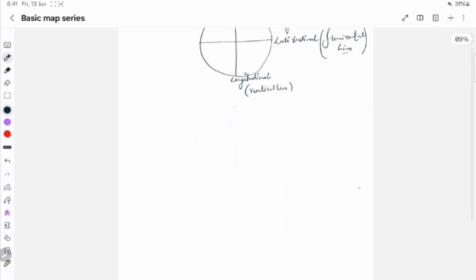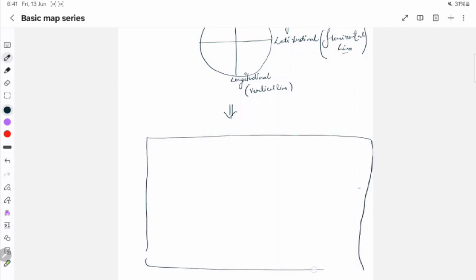So on the globe, the next thing is, this is the map of the world. So this we have America. This part is California, no? And this is Mexico. This is South America.